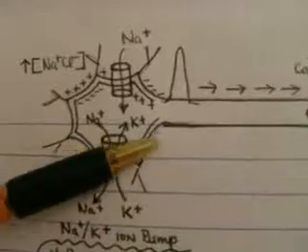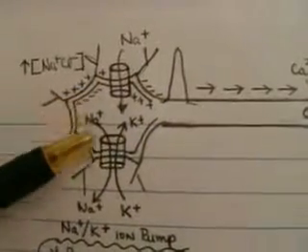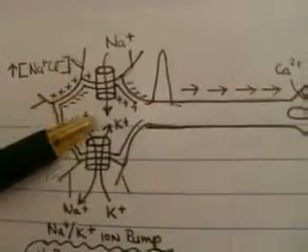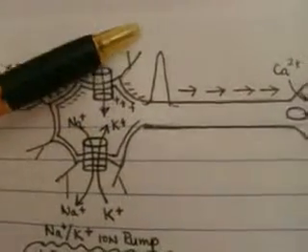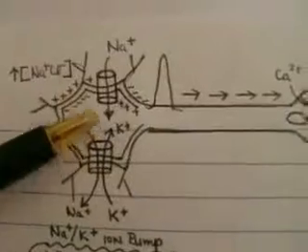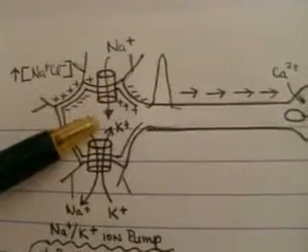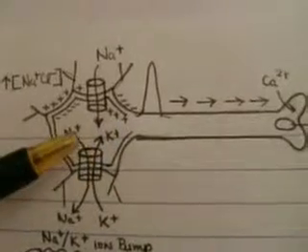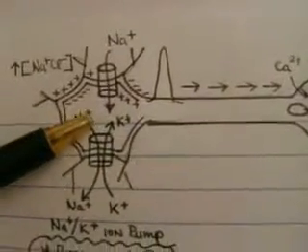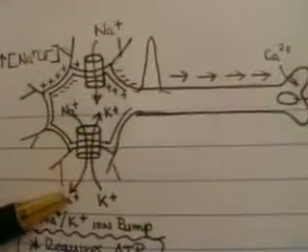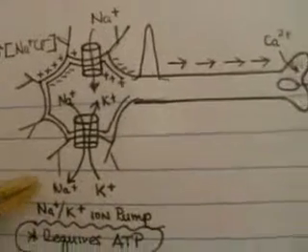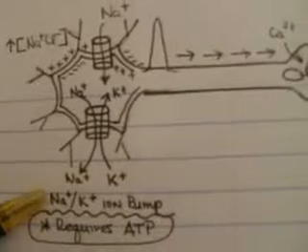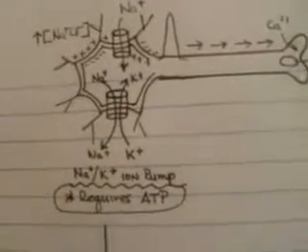But the component we're going to look at is how the sodium concentration starts to increase intracellularly as sodium passes through the cell membrane during depolarization. How does the sodium get pumped back outside the cell against its concentration gradient through a process of sodium-potassium ion pumps?